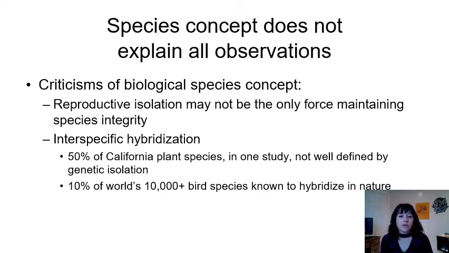For example, we have over 10,000 different bird species, but 10% of them in nature can hybridize. So some things that scientists use as well as reproductive isolation to determine species are appearance and also genetics, right? And now that we can sequence genomes really quickly, that is being rapidly used as a tool to identify different species.